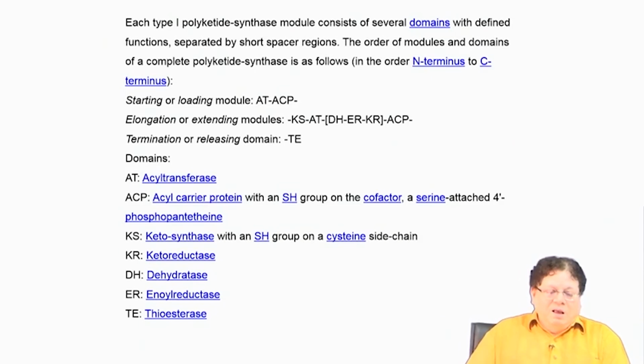Okay. What happens? I told you that there should be a loading module to start with. Loading module is the module where the building blocks get attached first, and then that is transferred to the first module. Okay. In the loading module, what you have? You have an acyl transferase and you have an acyl carrier protein, that is your loading module. Okay.